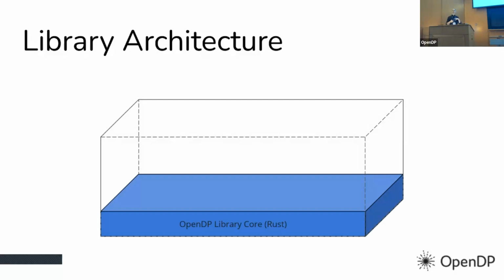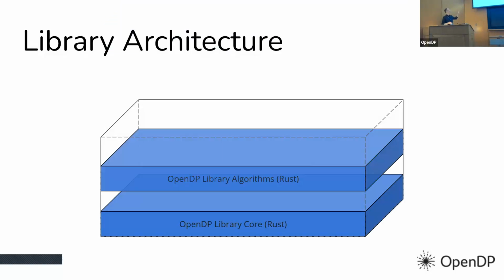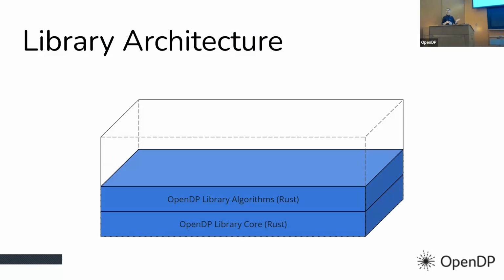And what's there is a way of modeling computations and describing the privacy of those computations in a very abstract sense. And then on top of that, we have a collection of algorithms for adding noise and doing statistics. Those two components are written in the computer language Rust.